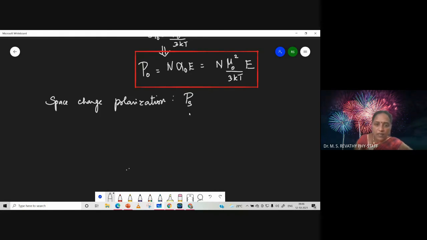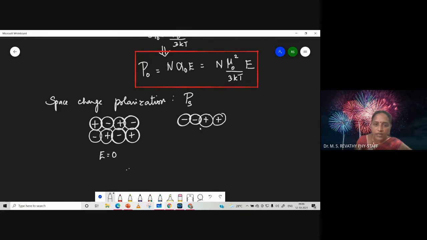This is PS. Under equilibrium condition, you can observe the charges are oriented like this, in the absence of the electric field. When an electric field is applied, all the negatives and positives get redistributed like this.